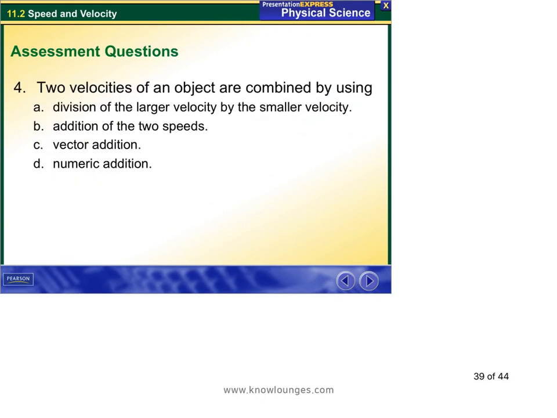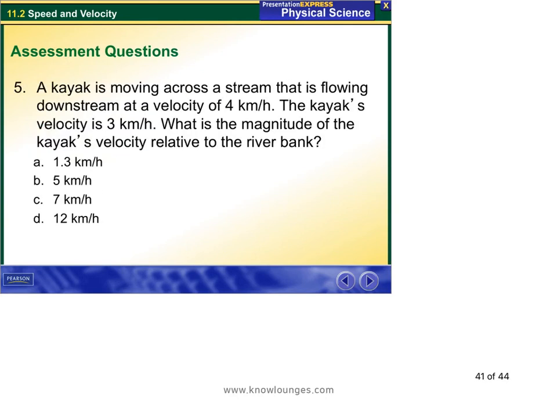Number 4, two velocities of an object are combined using. Straight definition here, we use vector addition. Number 5, we have a kayak moving across a stream. In this case, the stream is flowing at 4 kilometers per hour. So we'll draw a little vector.